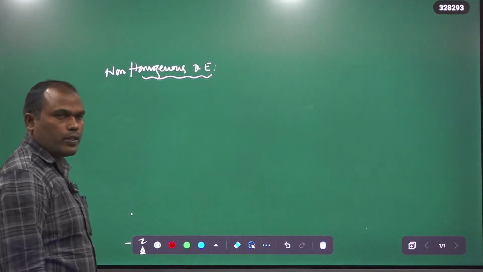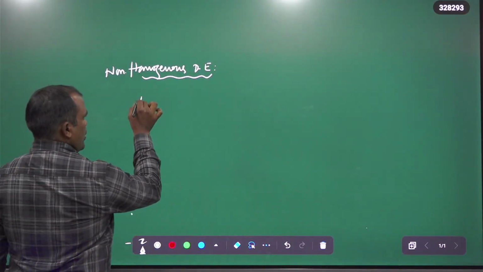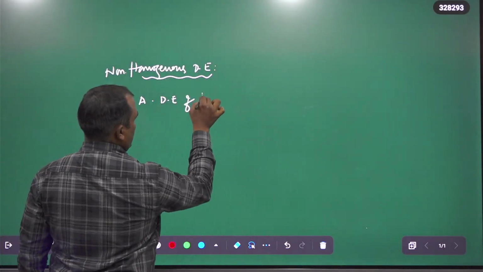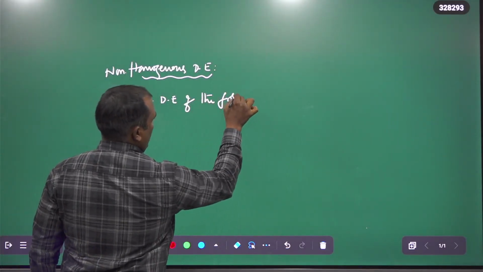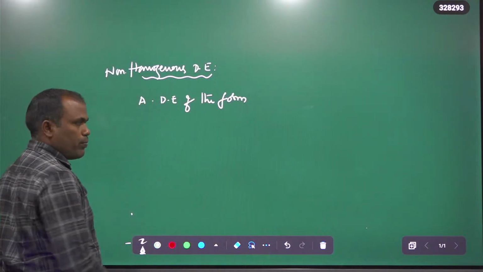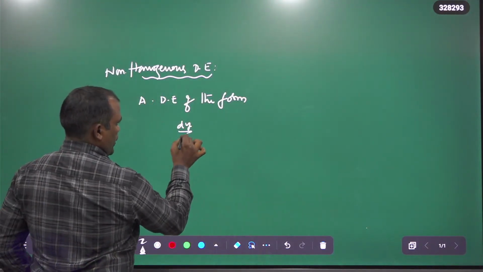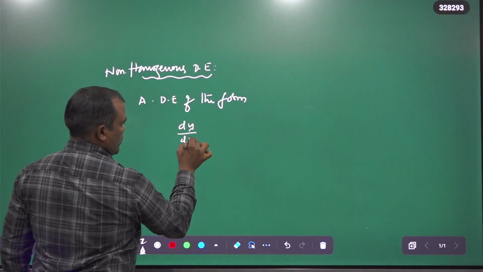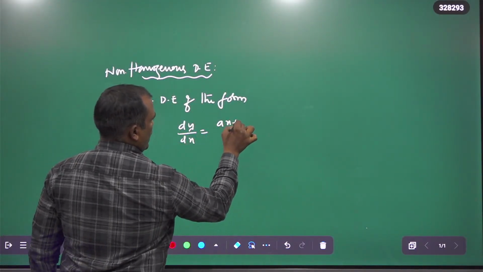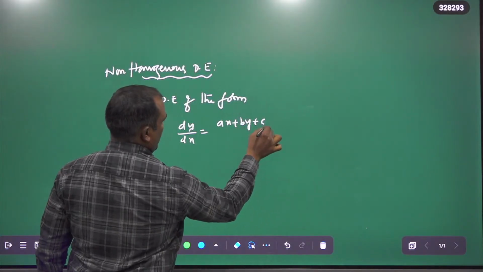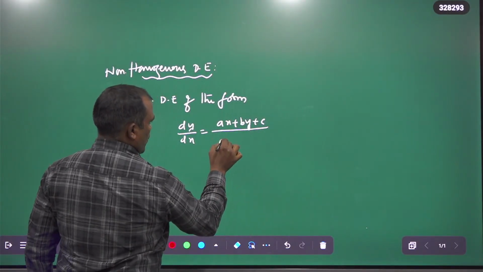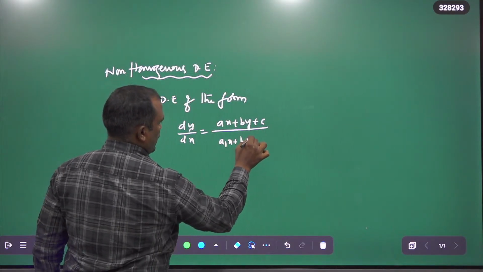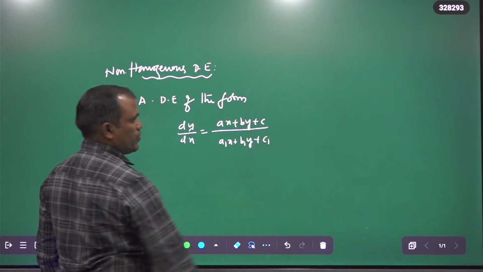A non-homogeneous differential equation is a differential equation of the form dy by dx equal to ax plus by plus c by a1x plus b1y plus c1.